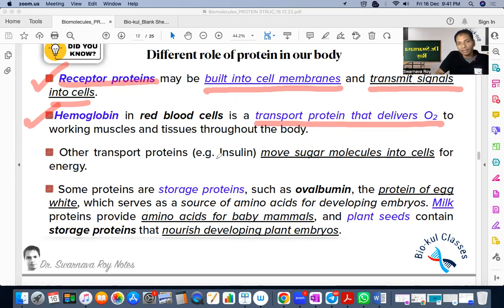And also, we have protein hormone like insulin. Insulin helps in transferring the glucose that is present in the blood into the cell. So when we have a sugary diet, and there is a high level of glucose in the blood, which we call hyperglycemic condition, the insulin is secreted from the pancreas, and this insulin is a protein hormone.